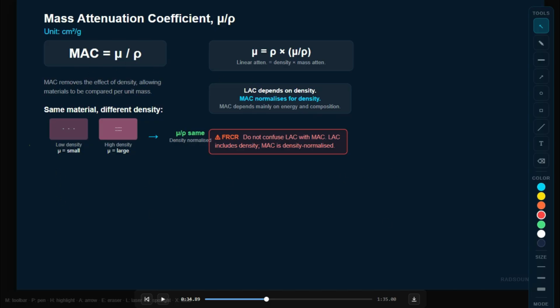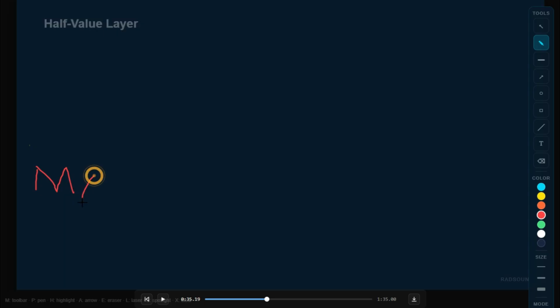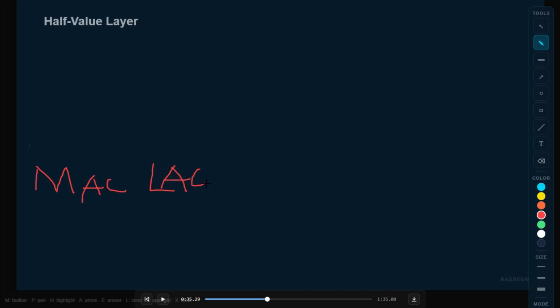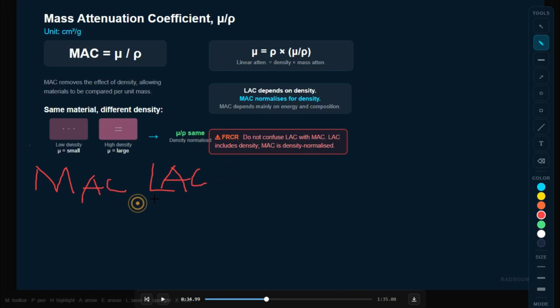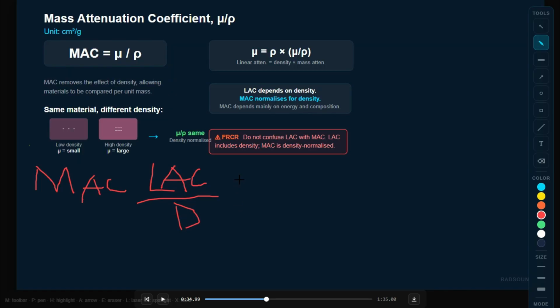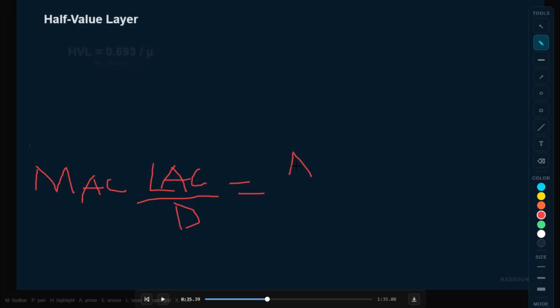So the mass attenuation coefficient equals the linear attenuation coefficient divided by density.